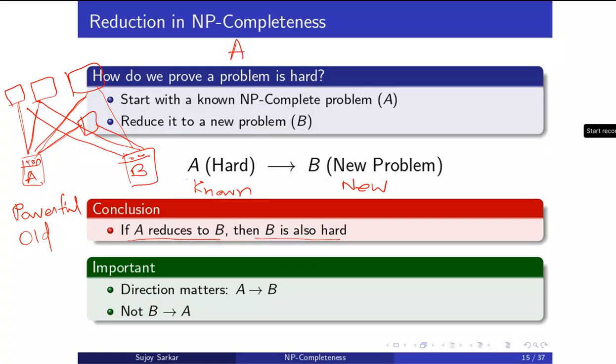So whatever A was handling, A's input can be reduced for B. Then we can say B is as powerful as A, because B can control all the 4 devices, and additionally it may control more devices. So B is at least as powerful as A, right?